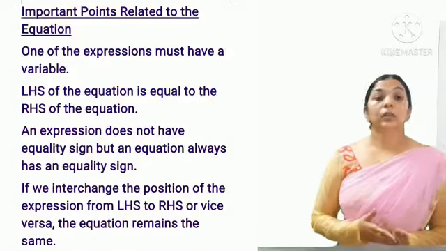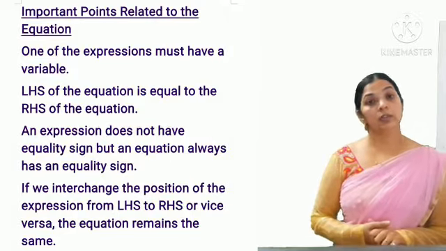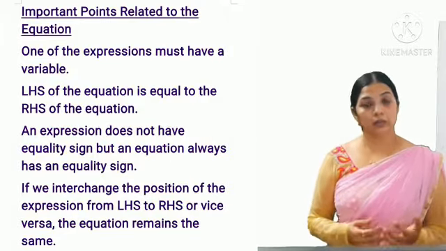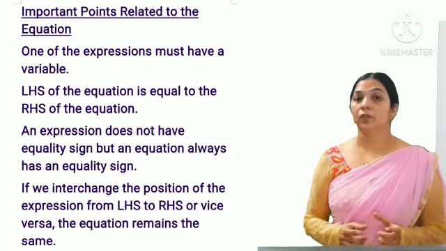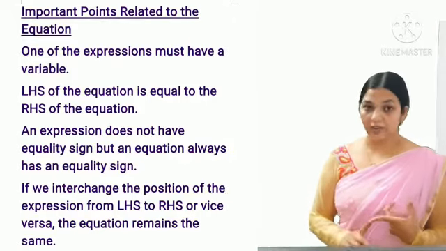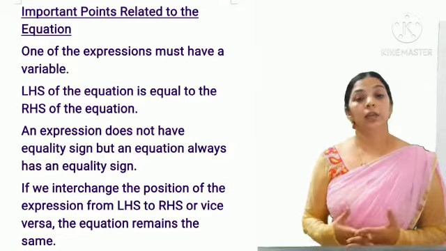Okay. Now the important points related to equations. There are certain important points which we must remember while doing linear equations. One of the expressions must have a variable. First thing, we must have a variable. LHS and RHS of the equation must be equal.